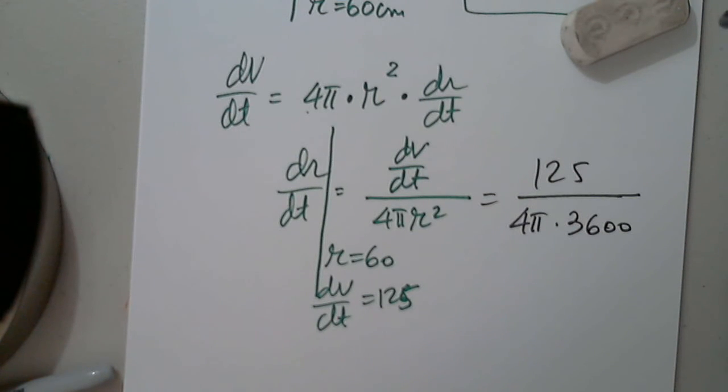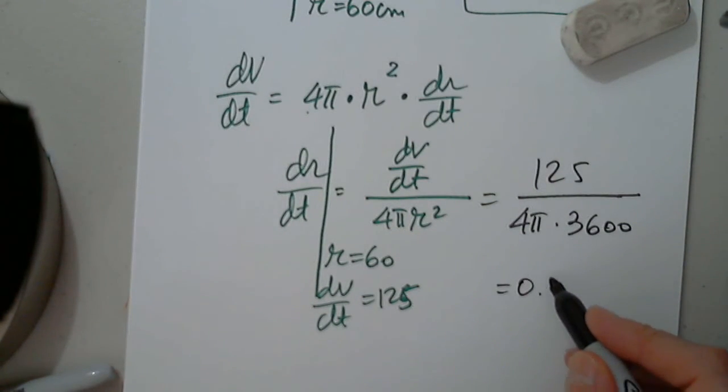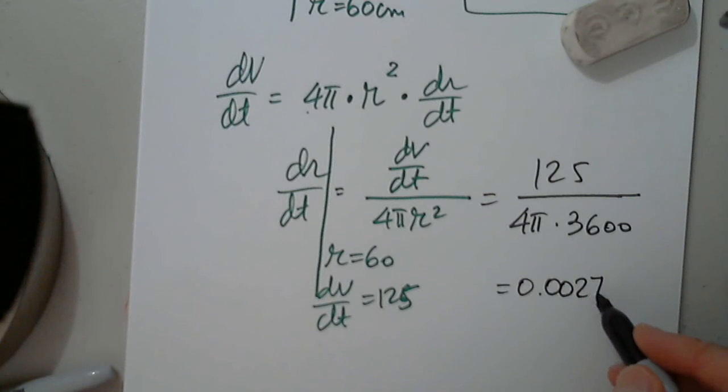So we have 125 divided by, don't forget parentheses around the denominator, otherwise you'll get a different answer, and times 3600. And I got 0.00276. Measurement unit.